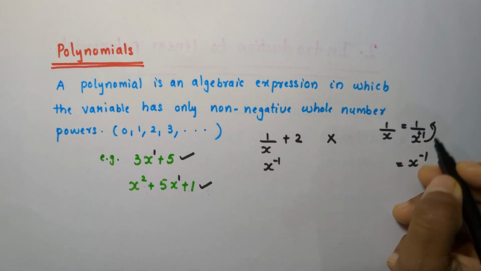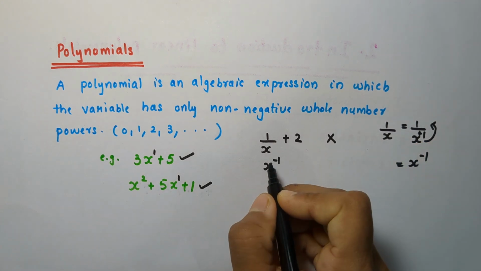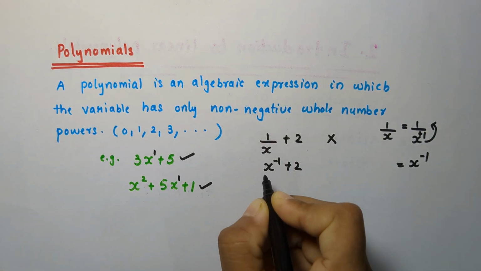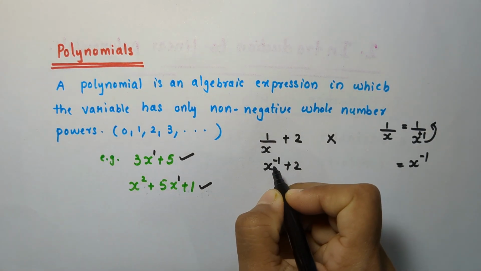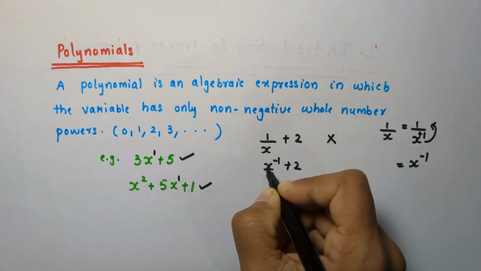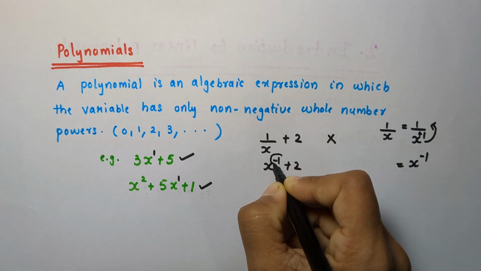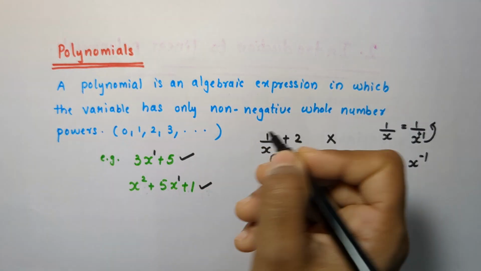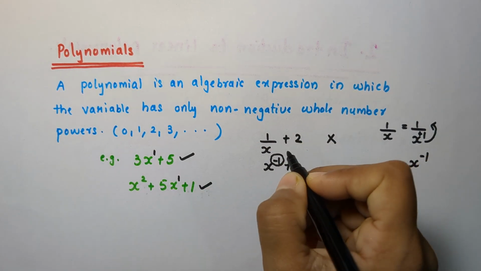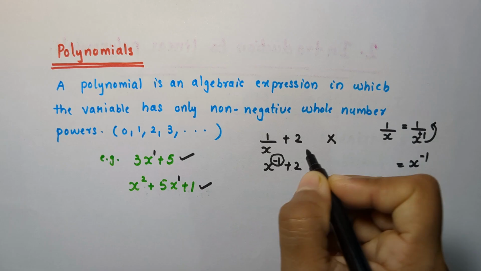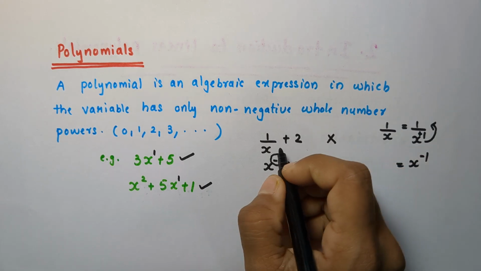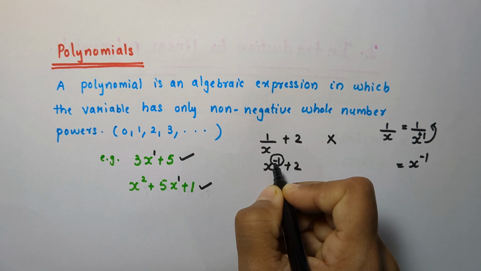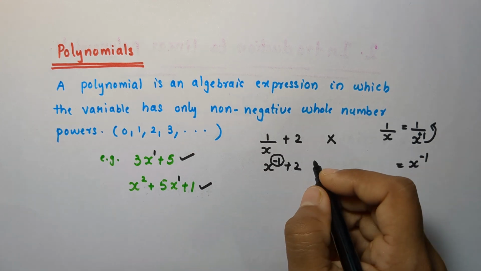So this can be written as x raised to minus 1 plus 2. Here the variable is x and the power of the variable is negative 1, which is a negative number. In a polynomial, the powers of the variable must be non-negative whole numbers: 0, 1, 2, 3, etc. So here the power is a negative number, so this is not a polynomial.